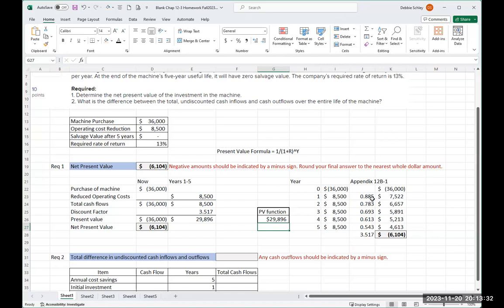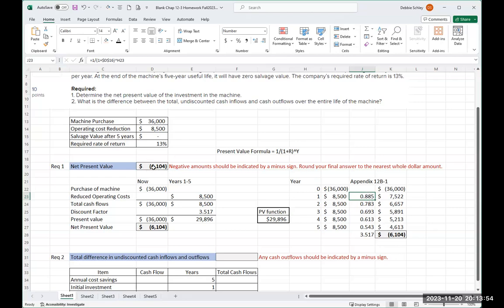Sometimes with Excel, when you do this calculation, the 1 divided by 1 plus the rate raised to the value of the year, Excel has lots of numbers hidden in there, right? And that can skew your number. And since this gets graded by a computer, it needs to be exact.